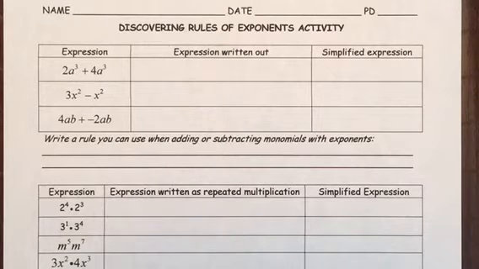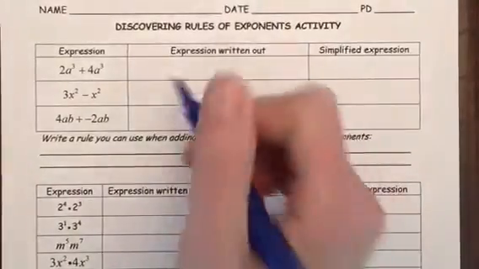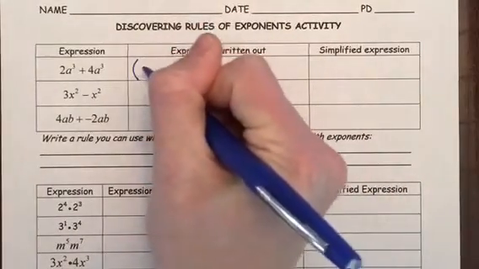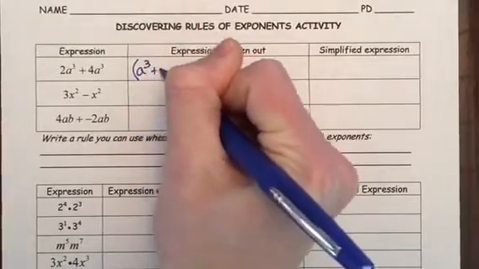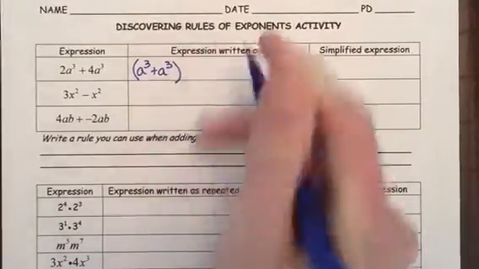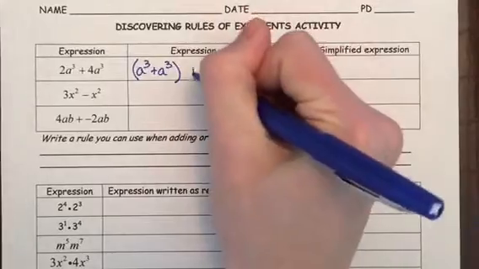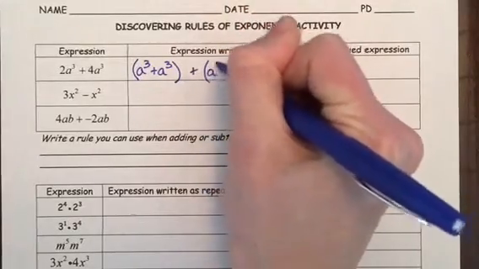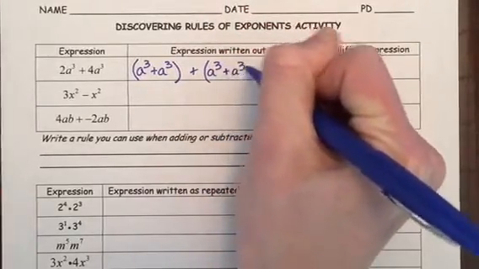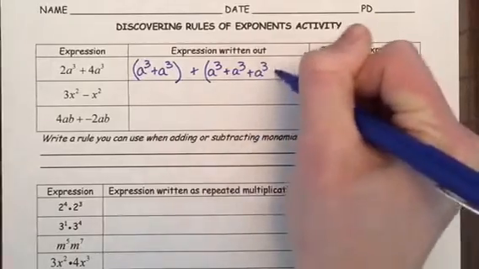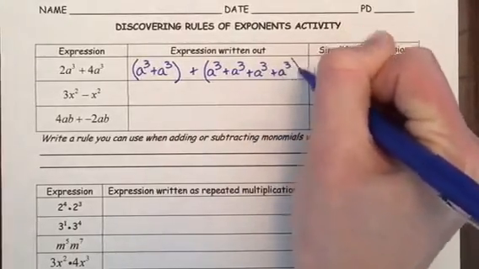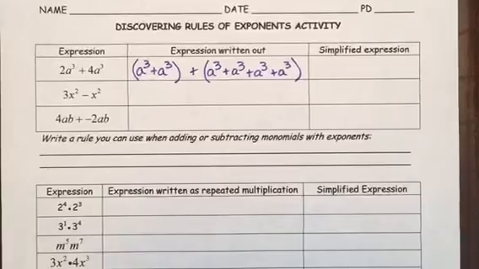So the first section has 2 different exponents being added. If you notice, the base is the same. They're both a cubed, but they have different coefficients. So what this really means is we have a cubed plus a cubed, because that's 2a cubed, plus a cubed plus a cubed plus a cubed plus a cubed, and that's 4a cubed.